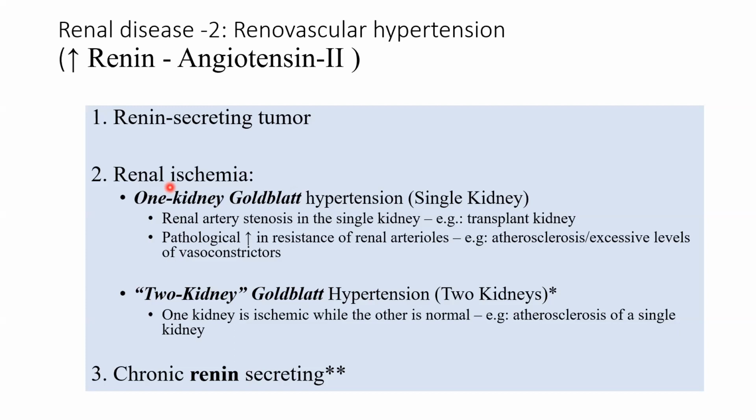Okay. So what are you doing? You are basically retaining unfiltered blood in your circulation. That's one thing. Number two, what you are doing is you are asking the kidney to secrete renin. Okay. I need not go into detail why this renal ischemia will cause renin secretion. You should now be able to pick this up. Okay. So renal ischemia will cause renin secretion, which will then cause angiotensin-II formation, which will then add to the woes of this patient.